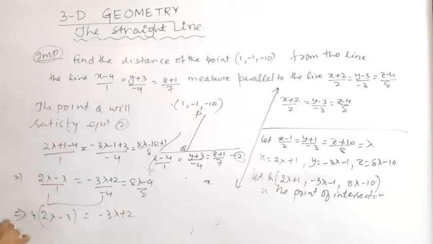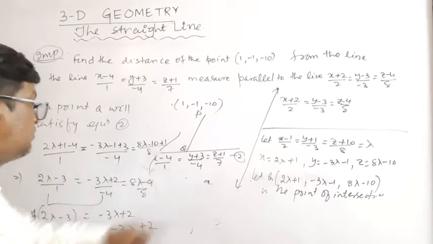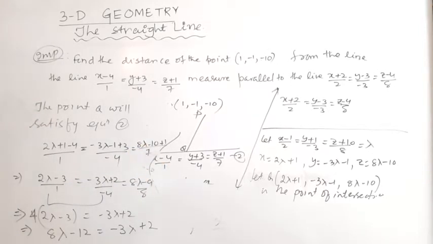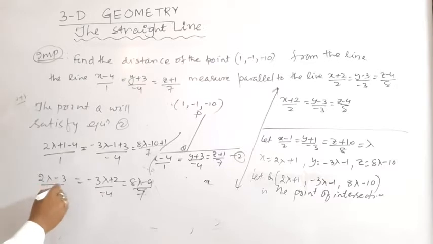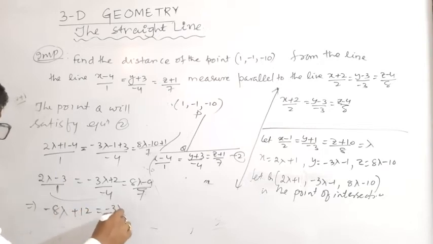Simplifying, the 1 and the minus 4, so this is minus 8 lambda plus 12 is equal to minus 3 lambda plus 2.